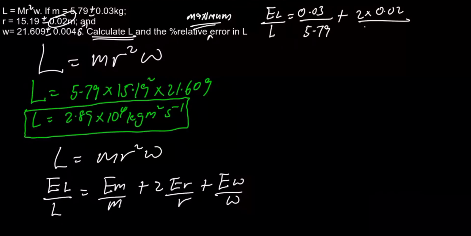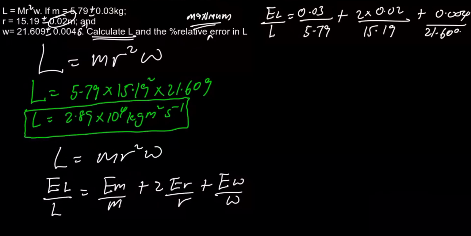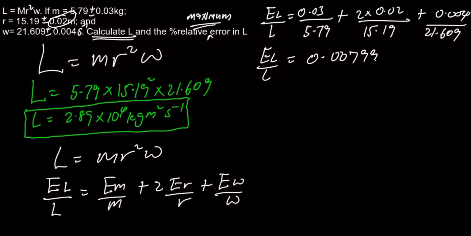Then over 15.19, then plus EW, that will give me 0.004 over 21.609. So my EL over L will give me what? So if I work this out, it will give me 0.007991. So this is what I have.